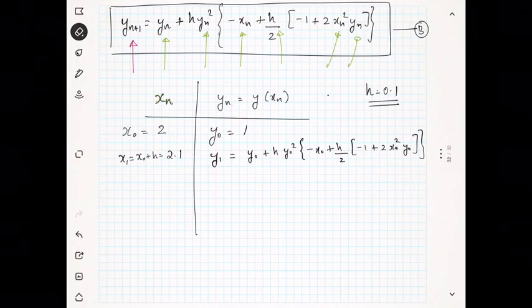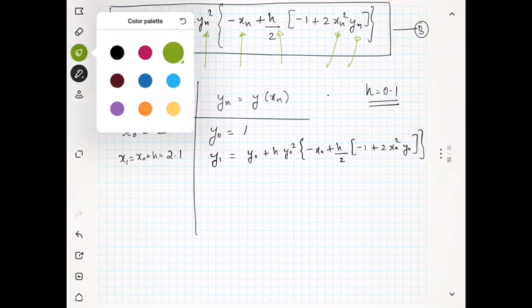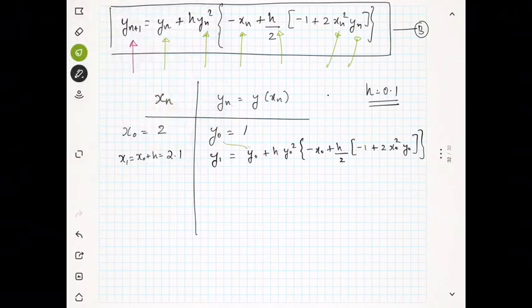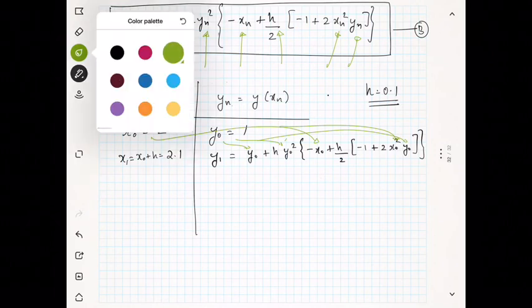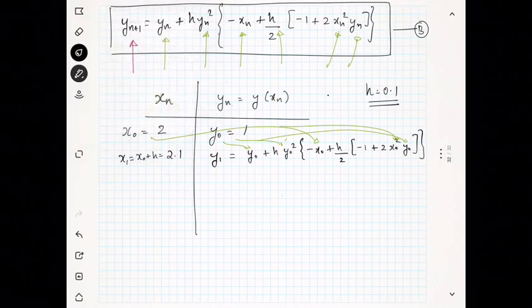Whatever values are required to solve this equation, y_0 is given, it is 1, and you know what x_0 is. So everything you know. You just substitute and you will get the value of y_1 as 0.8299.